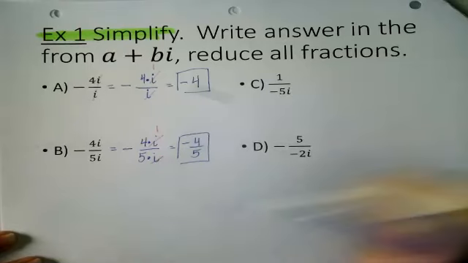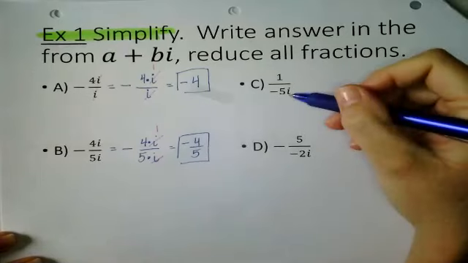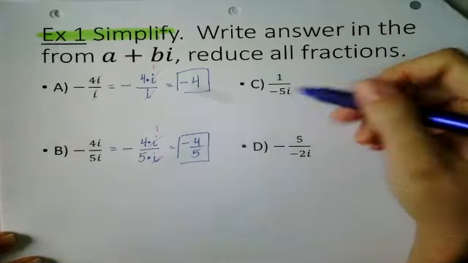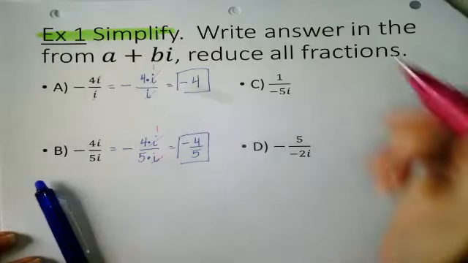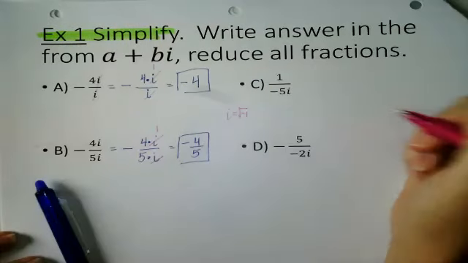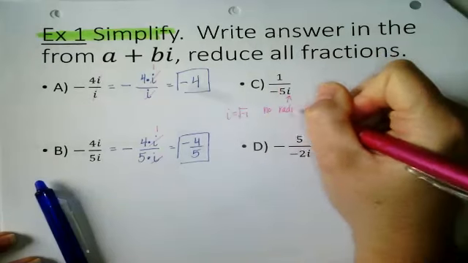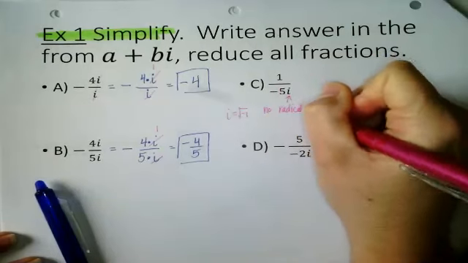So what is different about C and D? Well, C and D have i's in the denominator. And this goes back to radicals. Remember that i is the same as the square root of negative 1. So what we have here is actually a radical in the denominator.